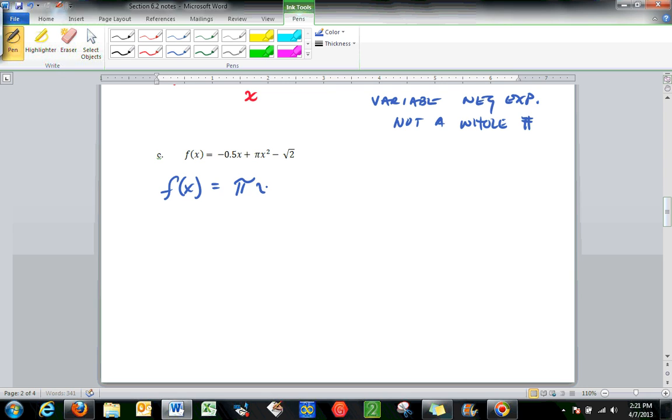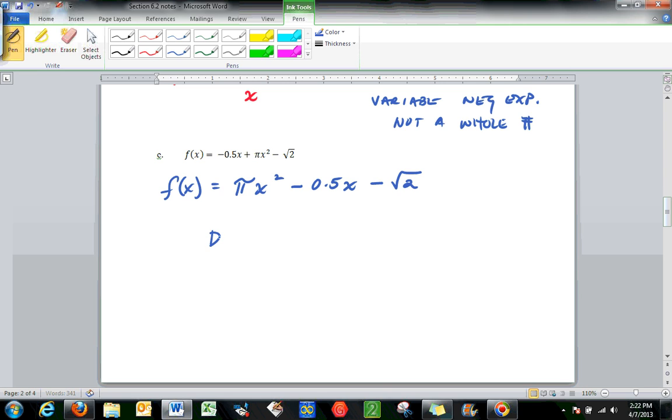So we can say pi x squared minus 0.5x to the first, which we don't write, minus the square root of 2. And the square root of 2 would just be some constant number written as a decimal, like 1.414. So this does make it a polynomial function, and now we need to write the remainder of it.